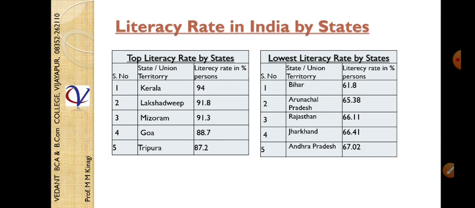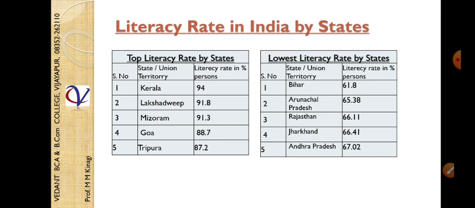If we take the lowest literacy rate, just imagine, the top is 94 and the least is 61.8%. That means just a step ahead of 50%. Bihar has the least literacy rate, just 61.8.